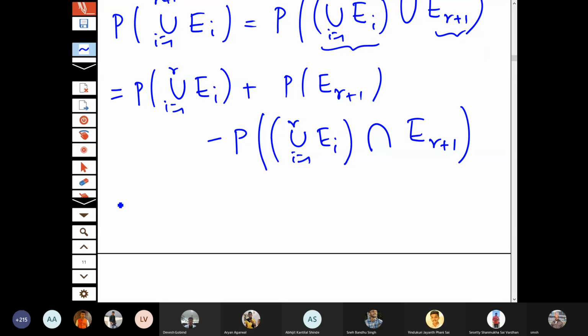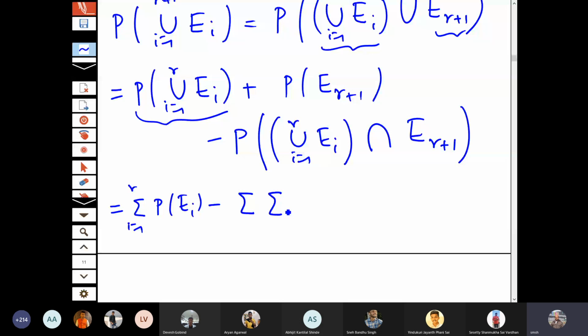If you look at this part, this is only a union of r events, and we have already assumed it to be true up to r. So here I can apply that formula: the sum of probability of Ei, i equals 1 to r, minus summation probability of Ei intersection Ej, i less than j, up to r.